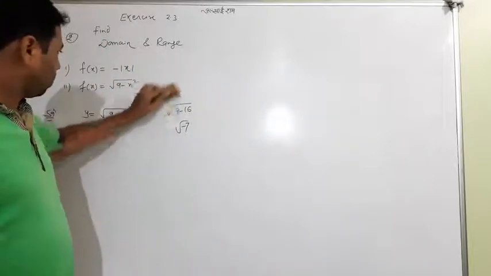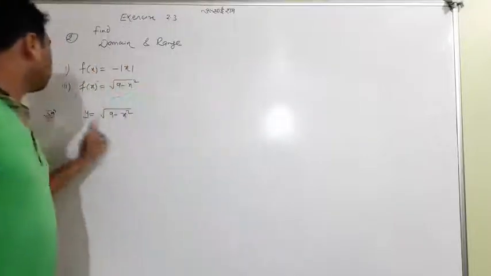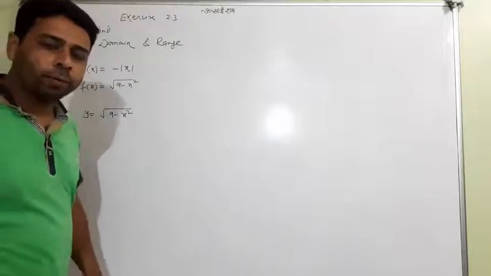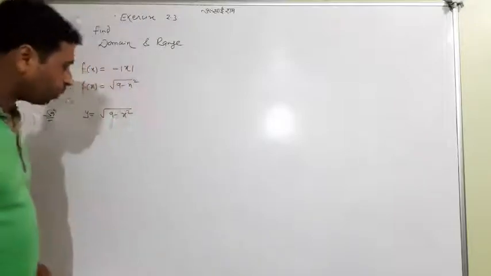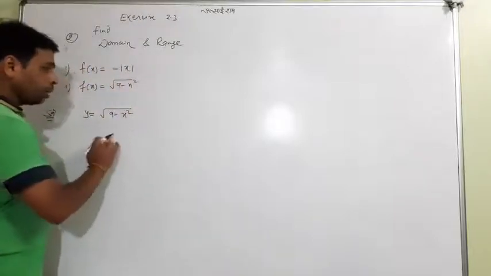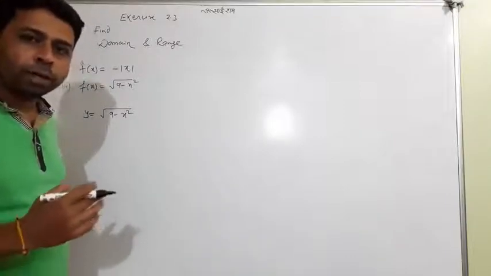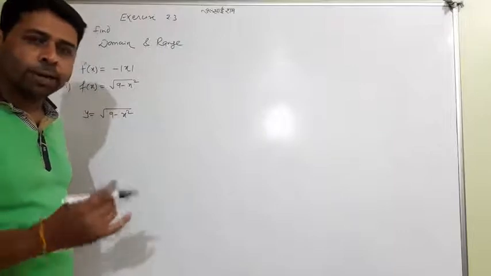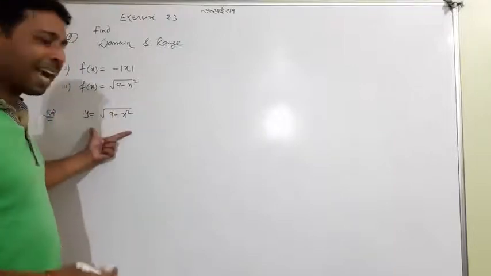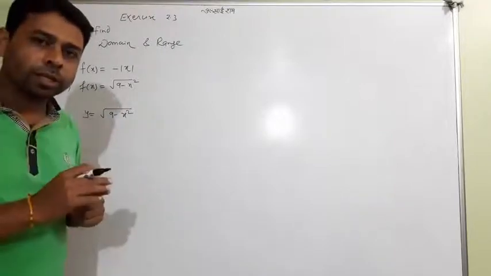We have already seen this: y is equal to square root of 9 minus x square, and we wanted to find the domain. As I was telling you, domain means that you have to find the set of values of x for which this exists. What is its meaning?